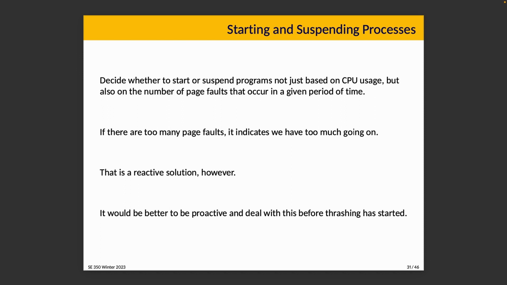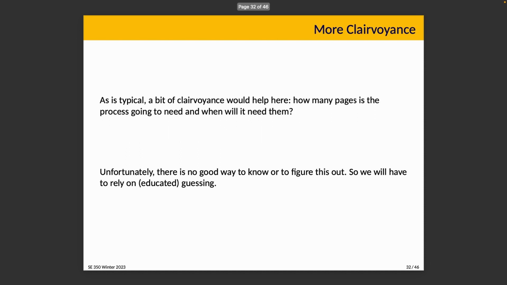But that's reactive, right? If we're counting the number of page faults, we might say, okay, if the page fault rate is elevated at this rate for this period of time, that's an indication that something is wrong and we should do something about it. But it's reactive. For how long have we been suffering this situation, versus could we be proactive? Could we deal with it before thrashing has started? All right, well, tell me the future then.